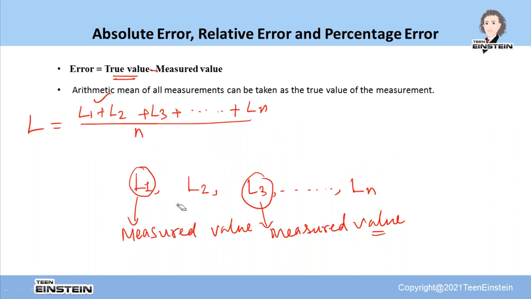Suppose I have measured 10 times. Whatever I get in each measurement, the length of the object in each measurement, is called the measured value. And if I take the arithmetic mean, this is called the mean or average, and it is denoted by a bar, or sometimes we write L mean, or sometimes with angular brackets.